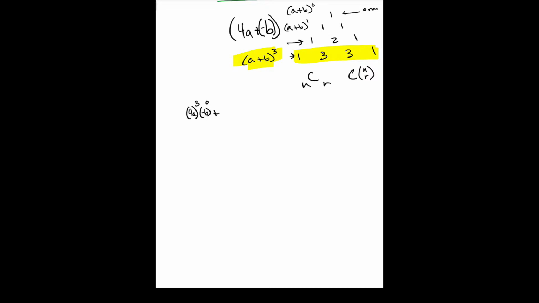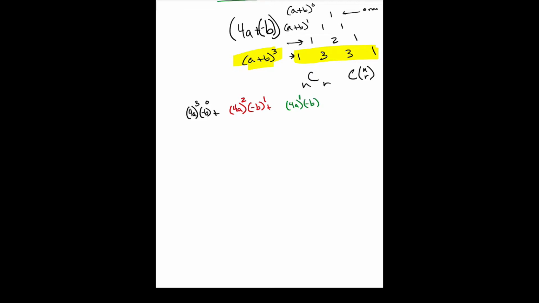Plus, my next term would be, or it's actually my terms are all the same, right? That's my a term times my b term, which is negative b. So this time my 4a is raised to the second, and my b is to the first. Plus my next, 4a times negative b.